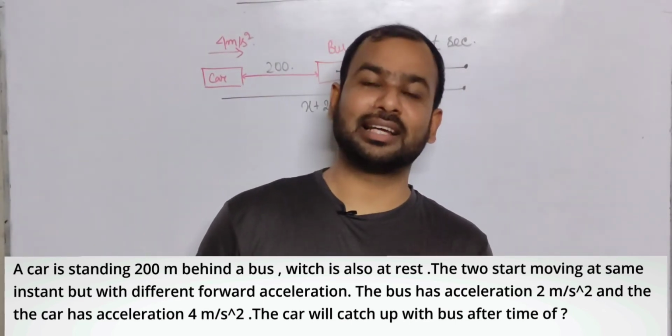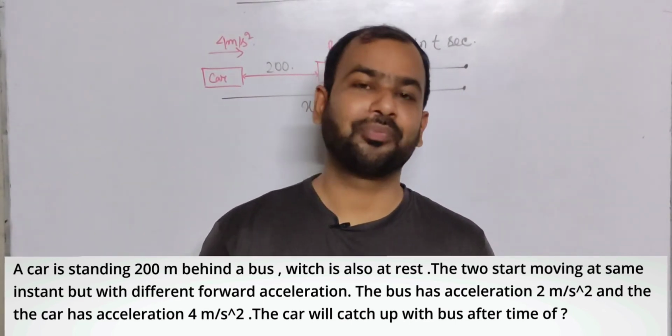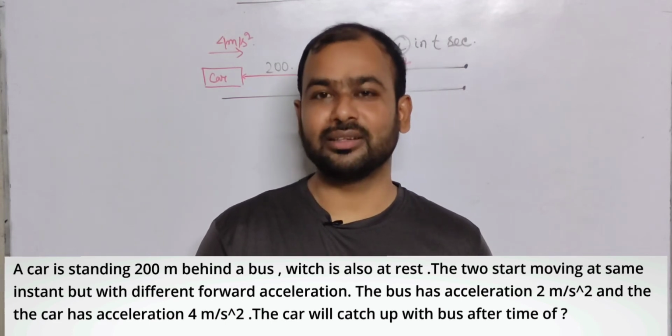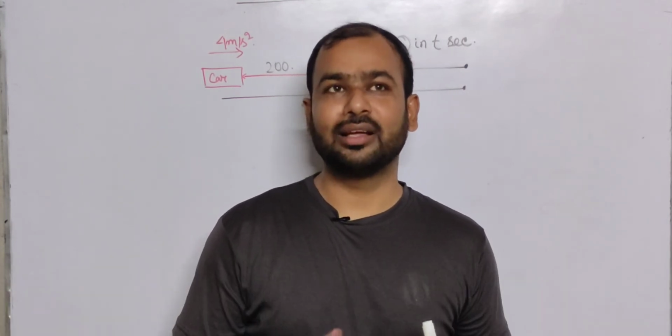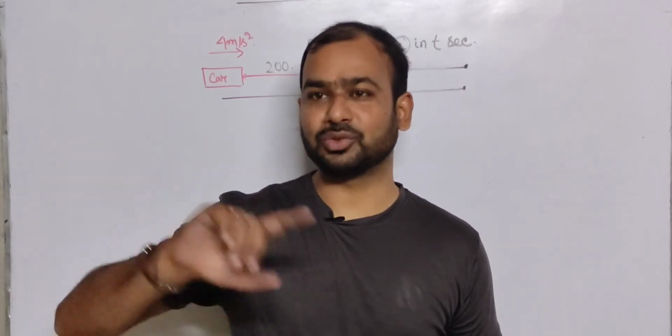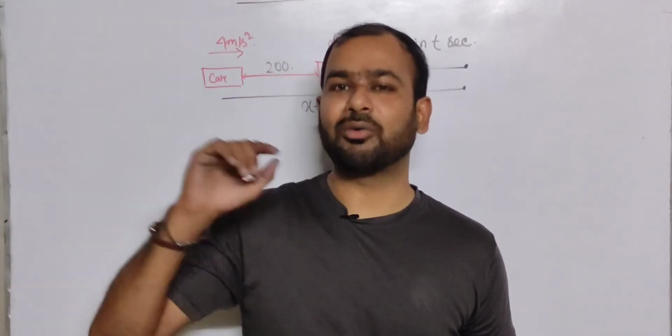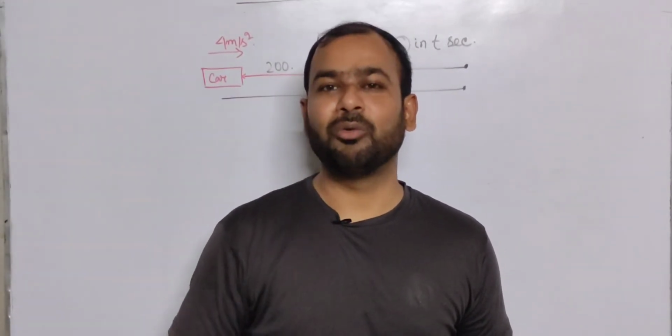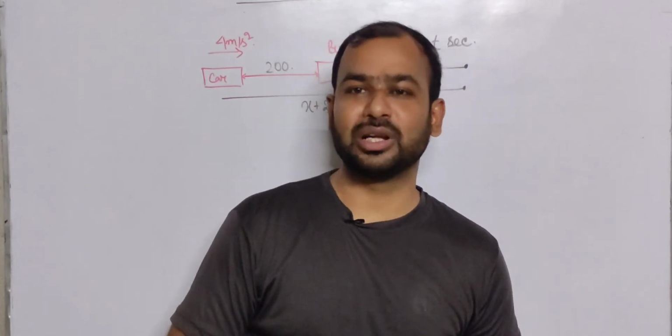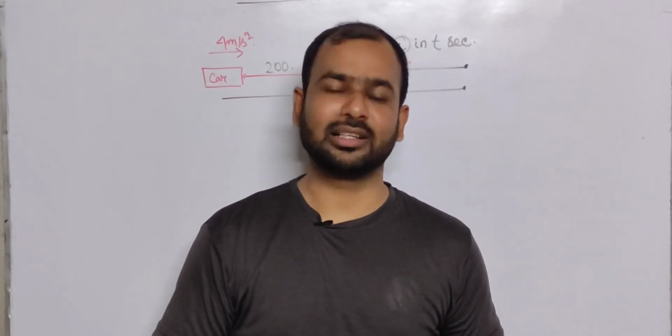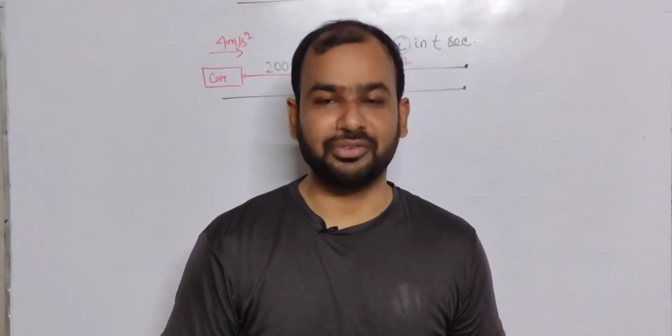We have done this kind of question in the first video. What was the concept? I think the question was in graph form, a scooter and a car were given. We were asked when the scooter will overtake the car or the car will overtake the scooter. It was in graphical format.